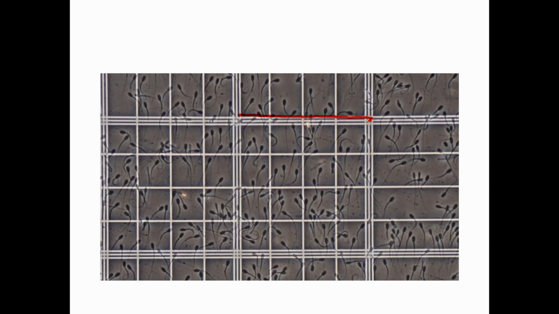Every large square is covered by 3 white lines, and the sperm that fall on these lines are not considered. The sperm within those 16 small boxes are counted, and we sum the counts of the 4 large squares and multiply by 15,000.